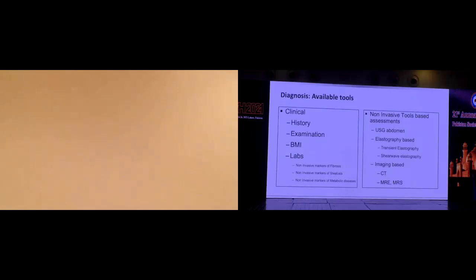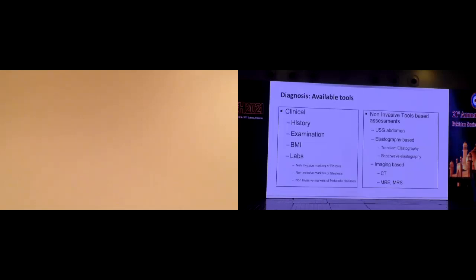Then there are more specific tests like elastography, transient elastography, and shear wave elastography, which give us an idea about the amount of fat in the liver and at the same time fibrosis in the liver. The two techniques are comparable, and they're pretty sensitive. And finally, there are the advanced imaging modalities like CT or MR, where MR spectroscopy or MR elastography are the fine techniques.